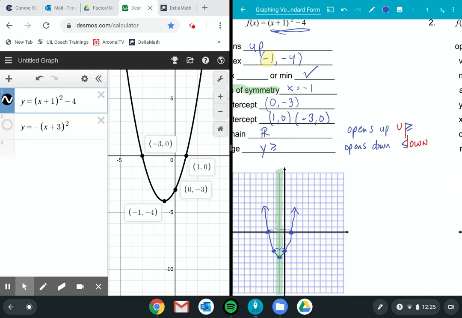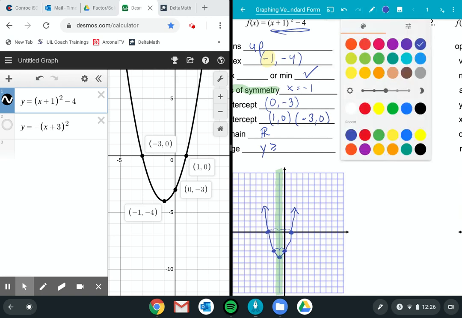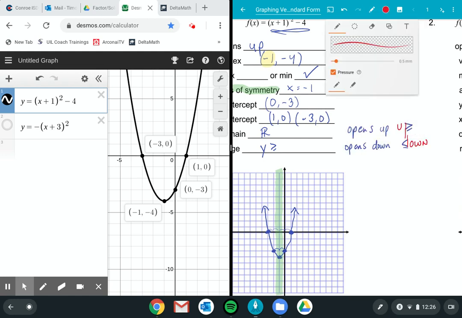Now, being that it's range, I have a lowest or a highest point. So which do I have here? If it's opening up, does this graph stop going up or does it stop going down? It stops going down at a particular point, and that particular point is at my vertex.